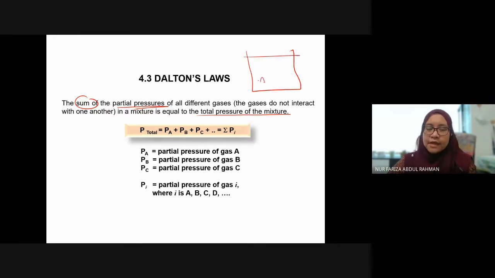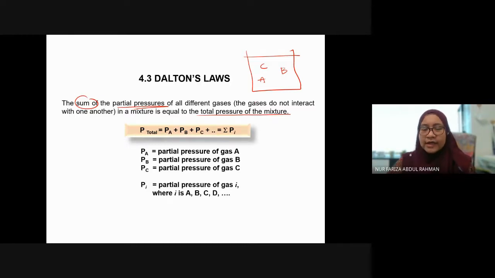We have molecule A, we have gas B and gas C and so on. Each one of these gases has its own pressure. Dia ada pressure dia sendiri. That pressure is what we call partial pressure.